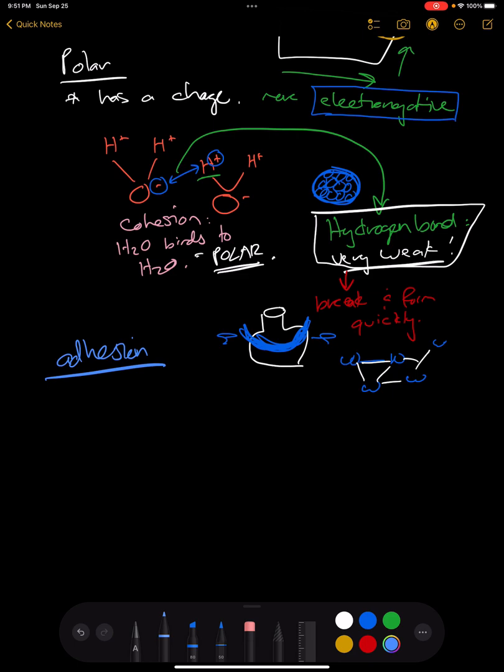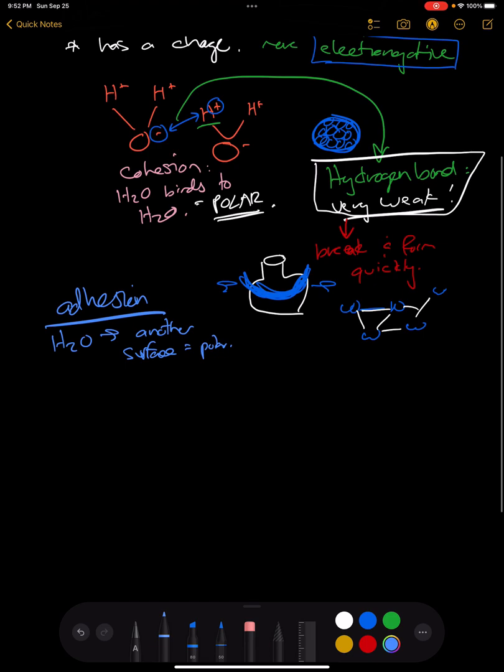And adhesion is when water is going to bind to another surface, but that other surface has to be polar. And we've actually seen this before, especially if you've taken chemistry. We've all seen if you have a test tube or if you have glass and then you put water in it, that it tends to creep up the sides, right?